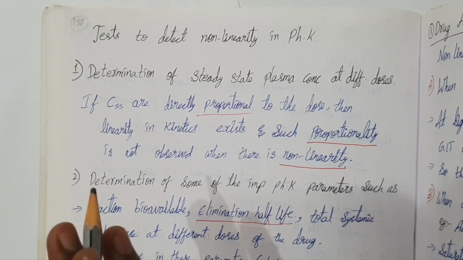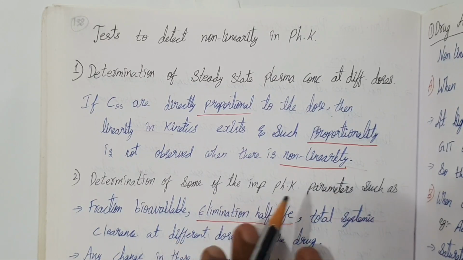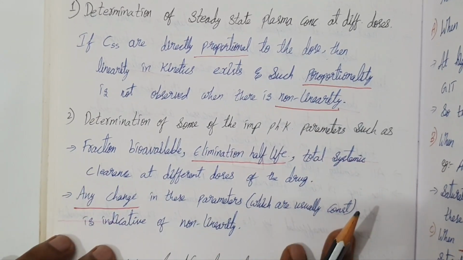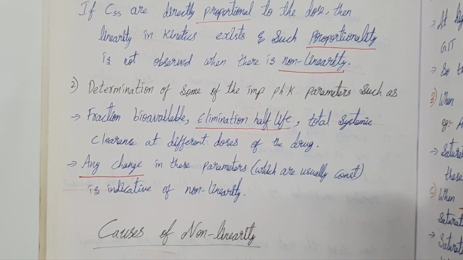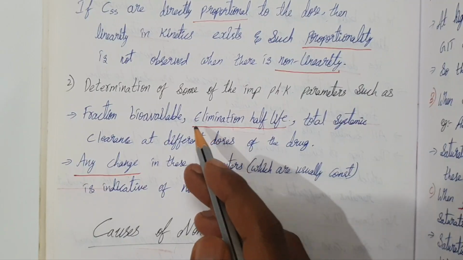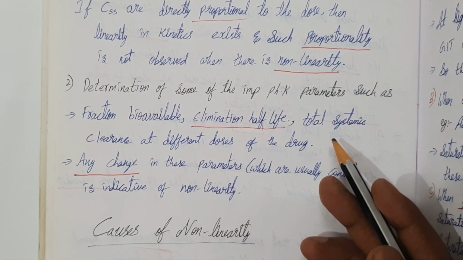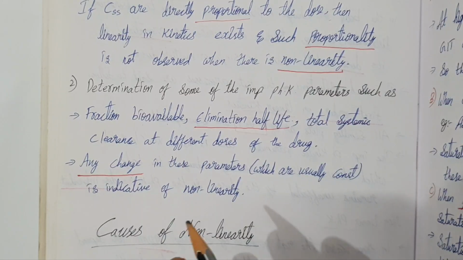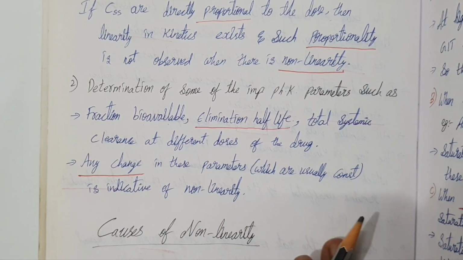If the concentration increases more than the dose, non-linearity exists. Then the second one is to check parameters, like bioavailability, half-life and clearance. If they change with dose, it's a sign of non-linearity.